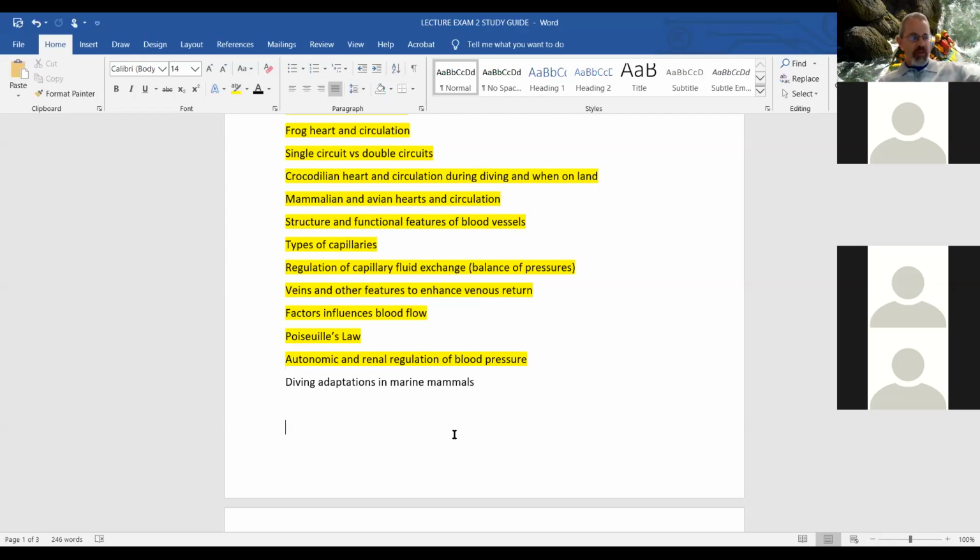So those two factors, cardiac output and peripheral resistance, are both increased by the sympathetic system to increase blood pressure if the pressure is too low. And conversely, if the pressure gets too high, the parasympathetic system kicks in and basically does the opposite: it inhibits cardiac output and decreases peripheral resistance by causing vasodilation of the vessels.